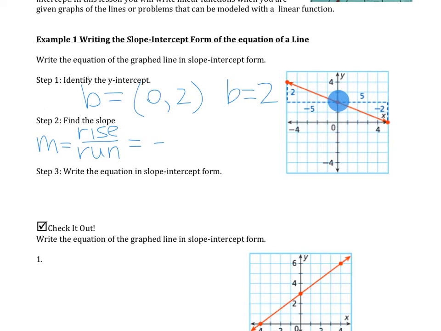And counting spaces, it's coming down 2 and to the right 5, or up 2 and to the left 5. And then we just write it in mx plus b form. There's my m, and there's my b.